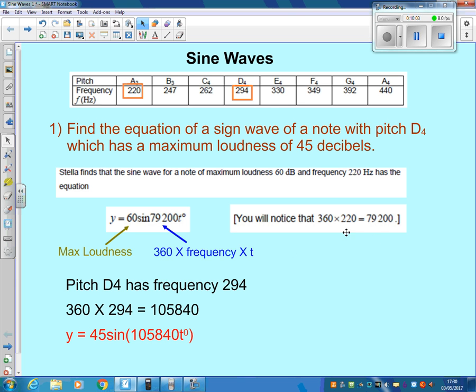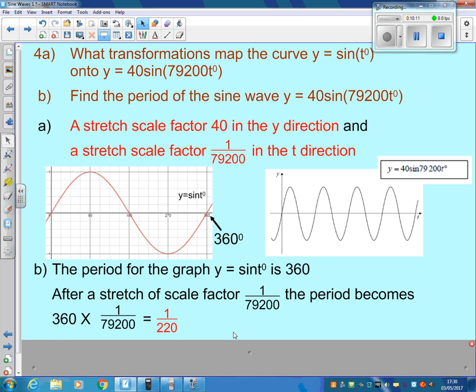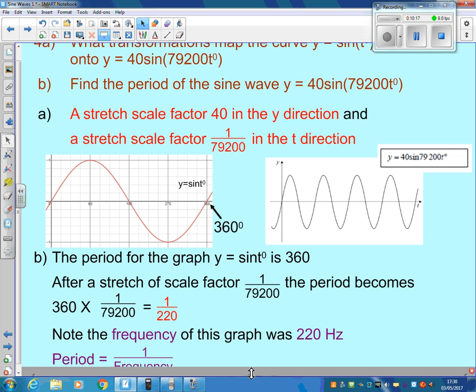So in actual fact, your period of that is 1 over the frequency, is 1 over the 220. So if you know what the frequency is, your frequency is going to be 220, your period is 1 divided by the frequency, 1 over 220. Makes it nice and easy doing it that way.